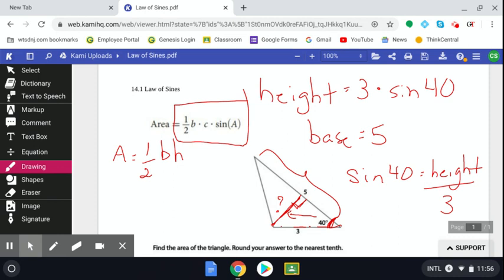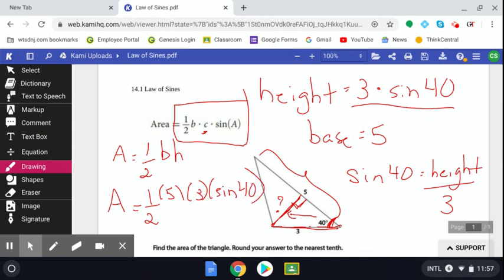So this is the same as 1/2 times the base of the triangle, c in this case would be my 3, which is the hypotenuse, sine of angle A, which is exactly what I have here, okay? So to find the area of this triangle, you just have to do 1/2 times 5 times 3 times sine 40.